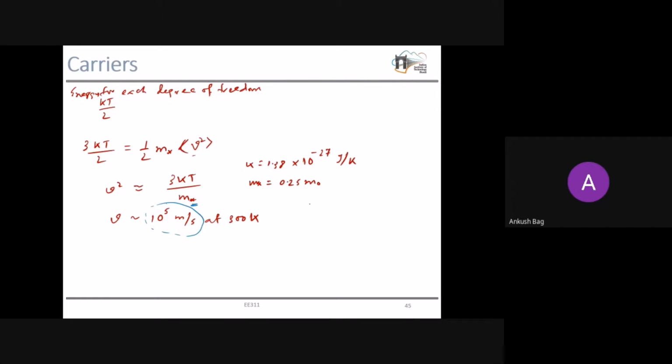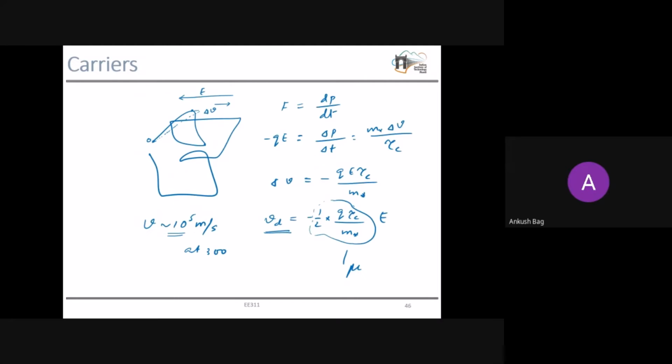The free electron mass is 9 point something times 10 to the power minus 31 kg. Since this free electron mass is so low, we are getting such high velocity, if we go by the simple kinetic energy formula.